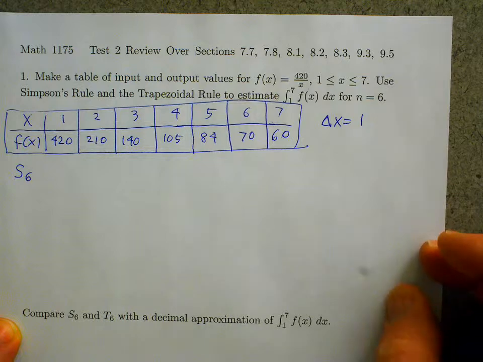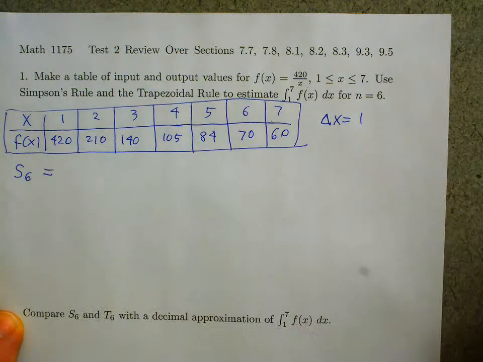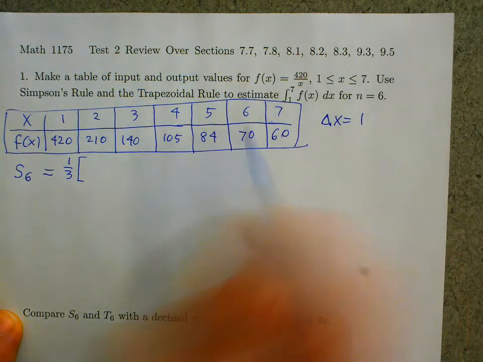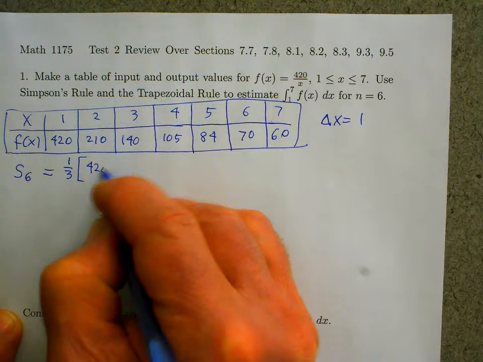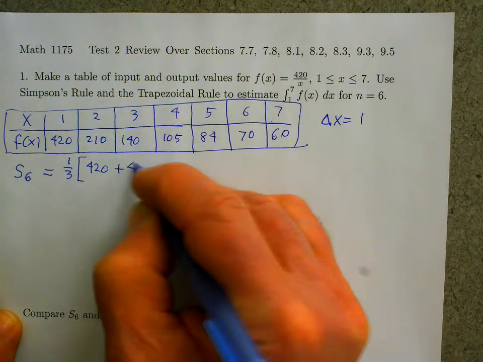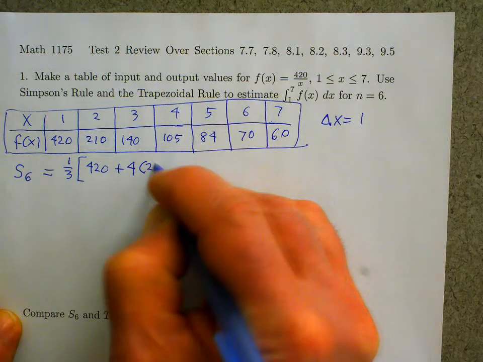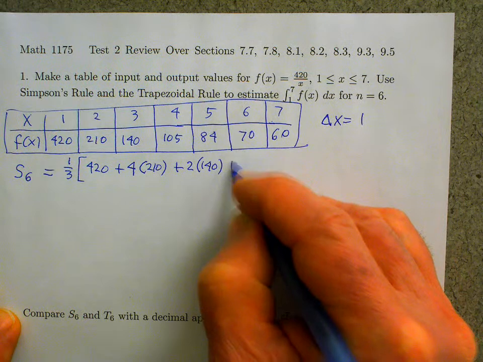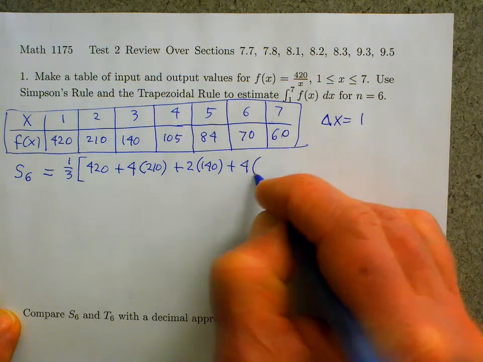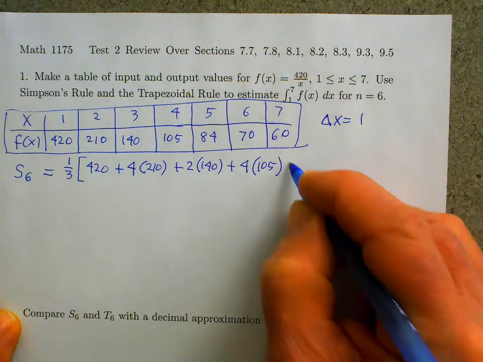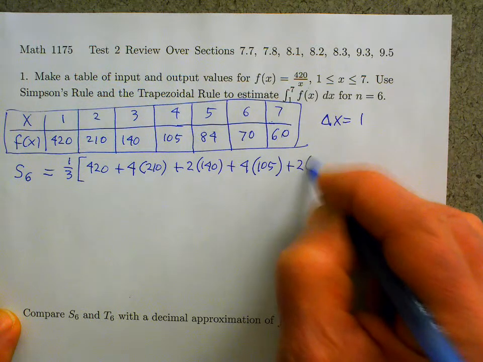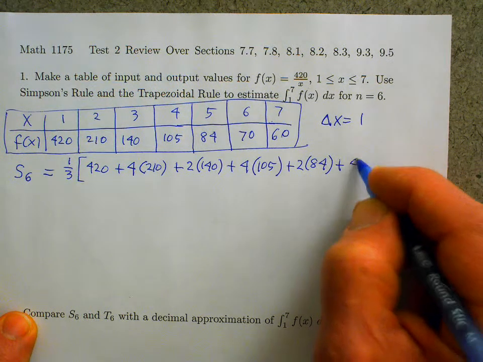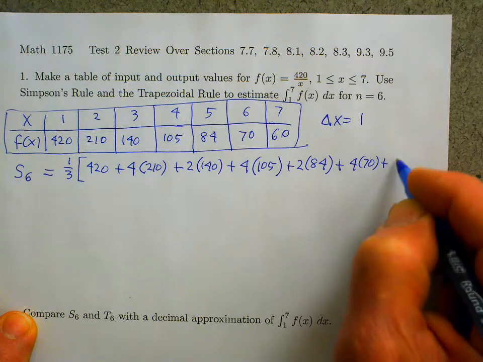So the Simpson's approximation for n equals 6, we have delta x over 3, so 1/3, times f of 1, which is 420, plus 4 times f of 2, 4 times 210, then plus 2 times f of 3, or 2 times 140, then plus 4 times f of 4, or 4 times 105, plus 2 times f of 5, or 2 times 84, and then plus 4 times f of 6, or 4 times 70, and then plus f of 7, which is 60.